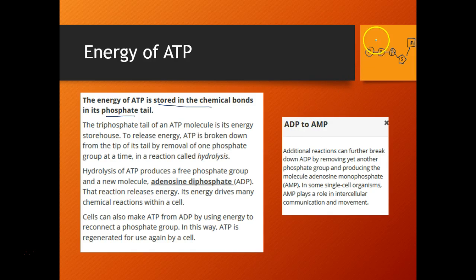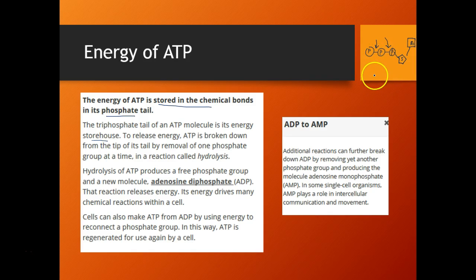Energy is actually stored within these phosphate bonds, the bonds found in between the phosphate groups. So the triphosphate tail of an ATP molecule is its energy storehouse. We store it inside of these bonds.